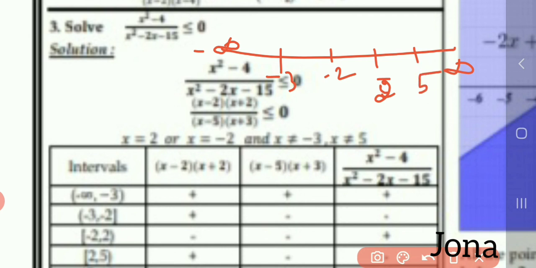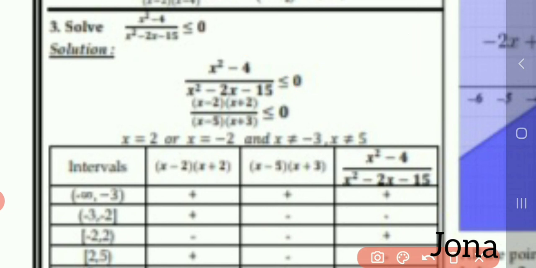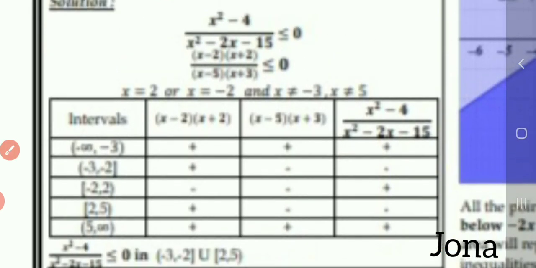So totally I got 1, 2, 3, 4, 5 intervals. Okay, so I want to see whether the values are positive or negative in this inequality. If I substitute in each interval, we will get here plus, minus, here plus, minus, and plus.